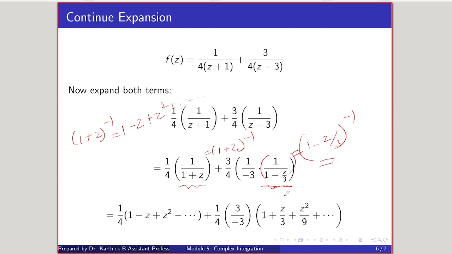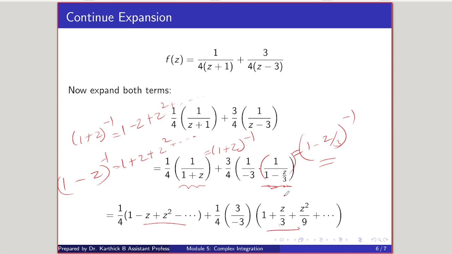Here it is 1 minus z whole power minus 1, which means 1 plus z plus z square. It goes on this way. So in the place of z, here it is z by 3. So z by 3 gives the powers. Same in the place of z, here it is z, we are getting this expression.